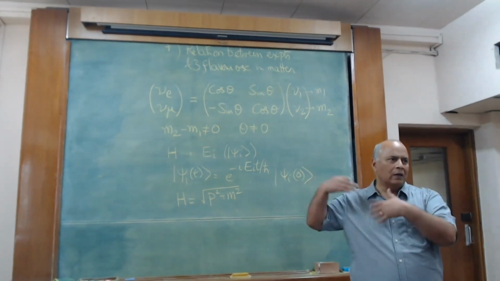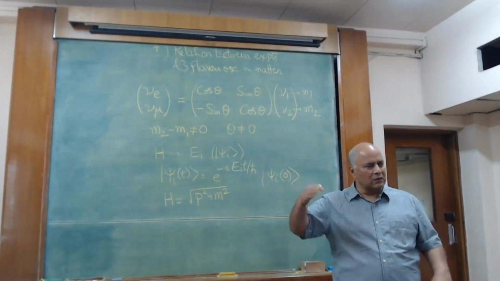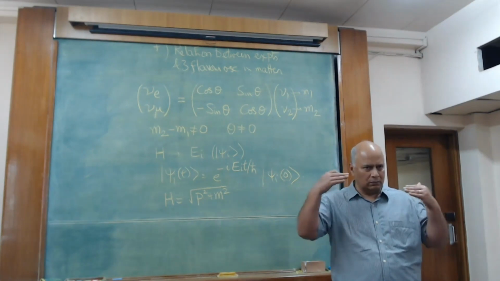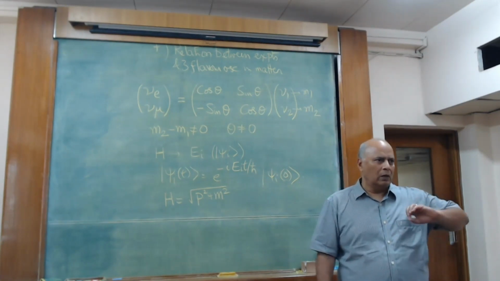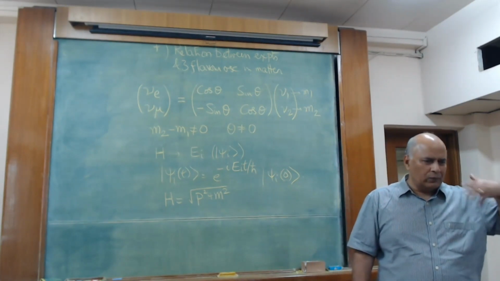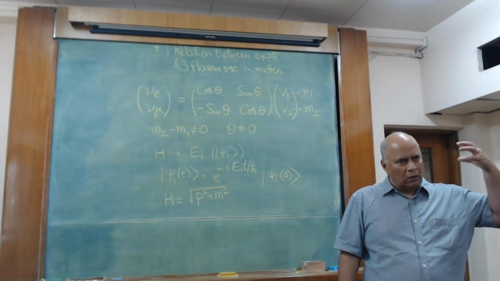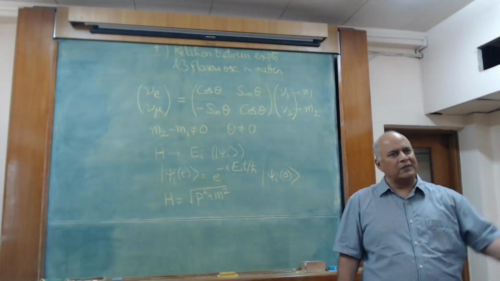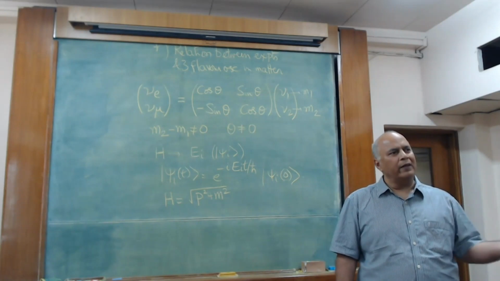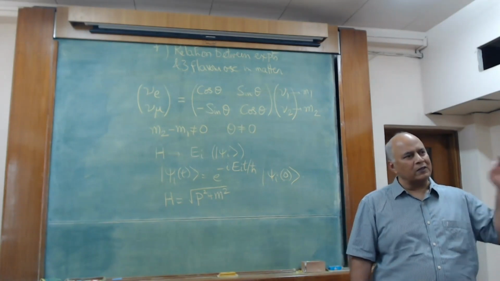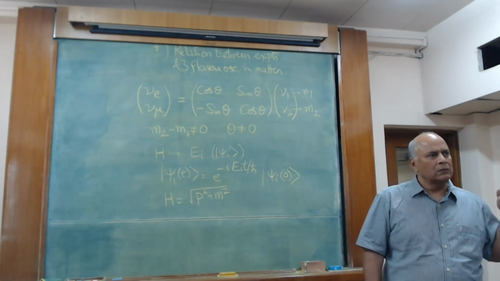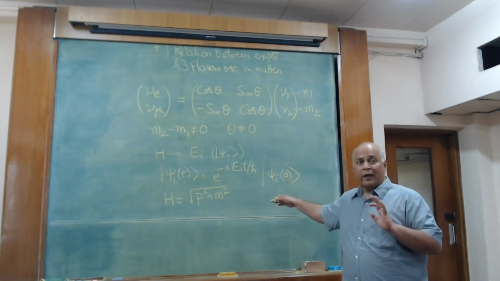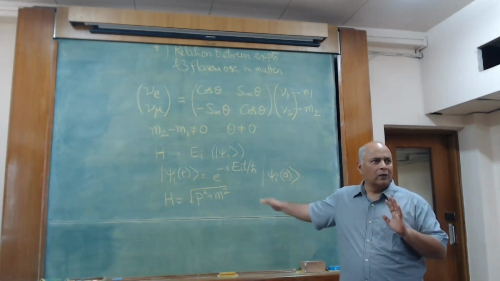Similarly, we can define, this is actually a theorem from group theory. Somebody proved that one can label a representation of a group by the eigenvalues of its Casimir operators. So what are the Casimir operators for Poincare group?